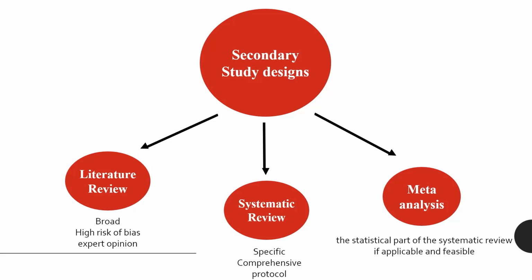Literature review usually has a broad topic and doesn't focus on a specific question or narrow scope. Also, it may be subject to high risk of bias, as it's up to the authors to choose which papers to write about, which to include and which to exclude, and it is considered expert opinion.